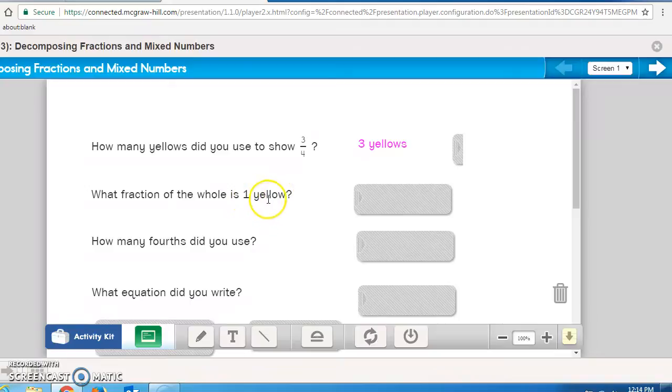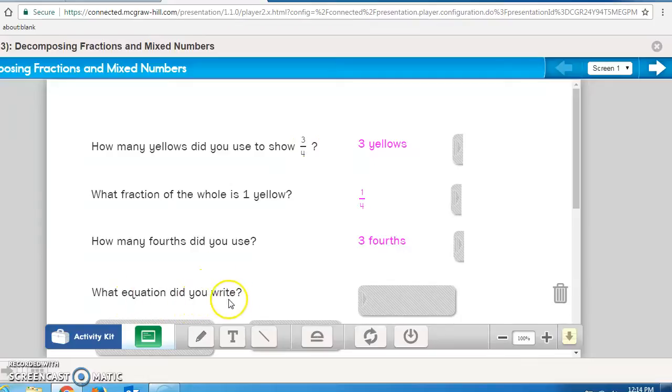Well, if I only have 1 yellow, that's my numerator. How many pieces is it broken into? 4. So the fraction of the whole that 1 yellow is 1/4. How many fourths did you use? 3/4. Notice you used 3/4 because you used 3 out of 4.